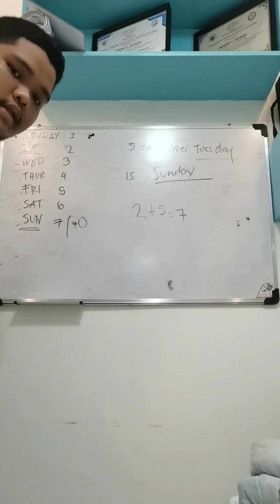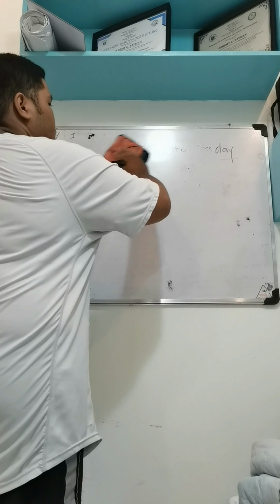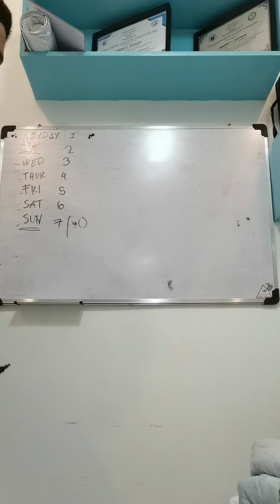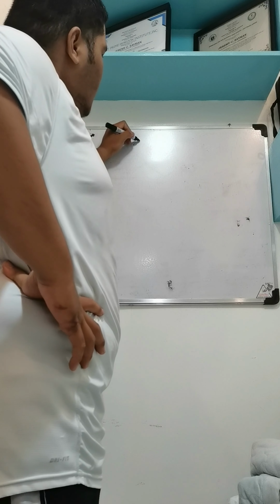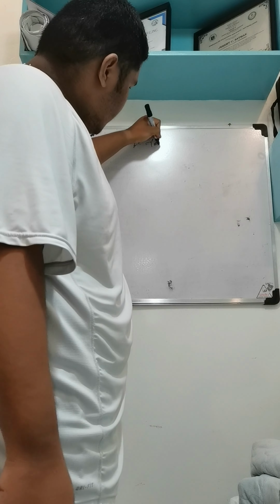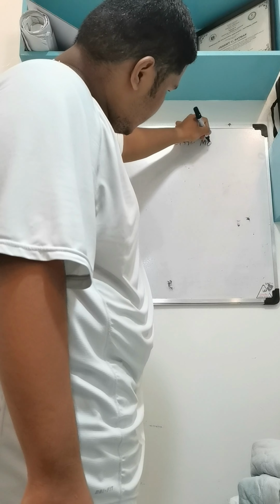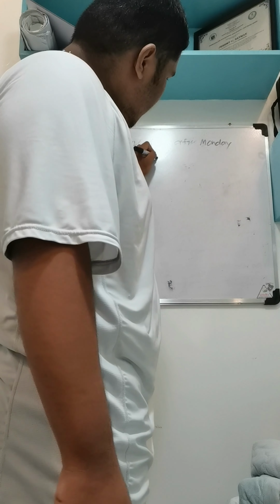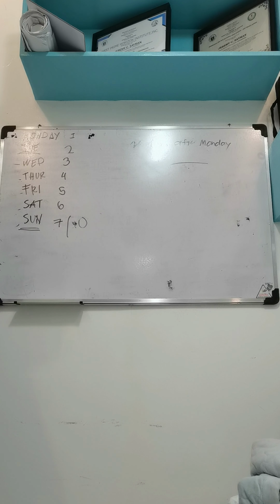Okay? So another example, let's make it more complicated, so we can know whether our answer is correct or not. For example, 20 days after Monday, my mom is gonna buy me a new car.